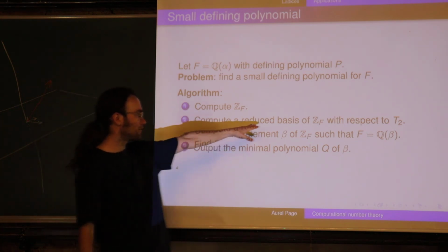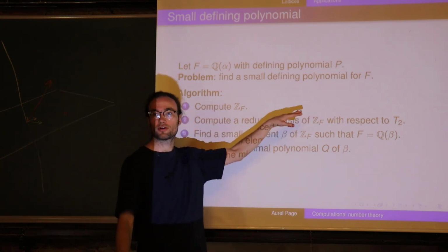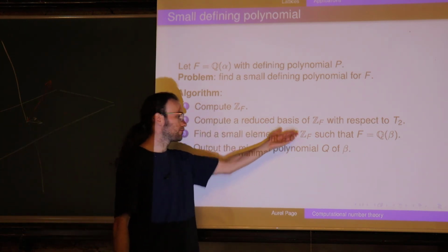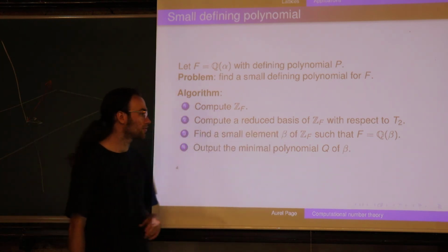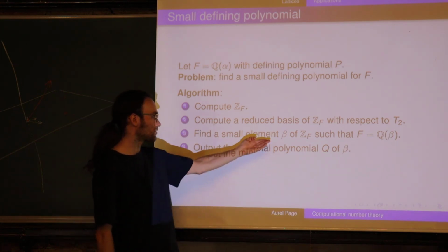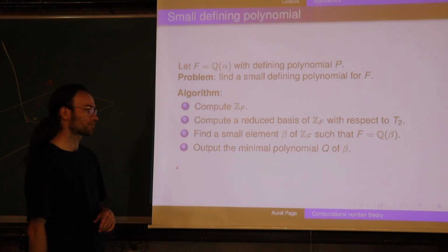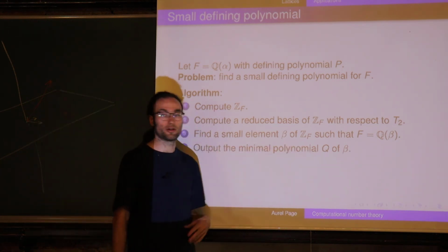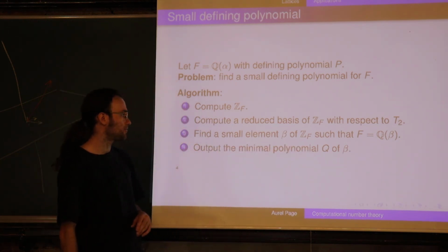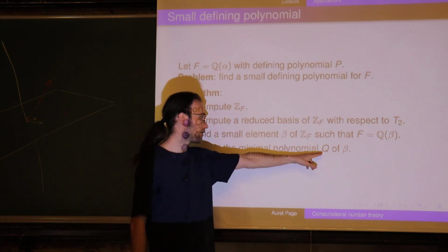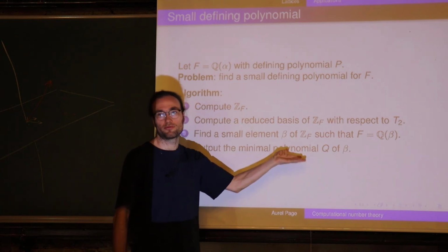Again, compute a reduced basis of the ring of integers, as I mentioned earlier, and find among the basis vectors of the ring of integers, or some combinations, an element that actually generates the field. And then you output the minimal polynomial of this element beta. Because it was small with respect to T2, the coefficients of Q are going to be relatively small.